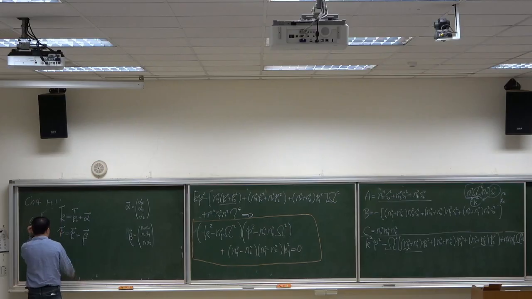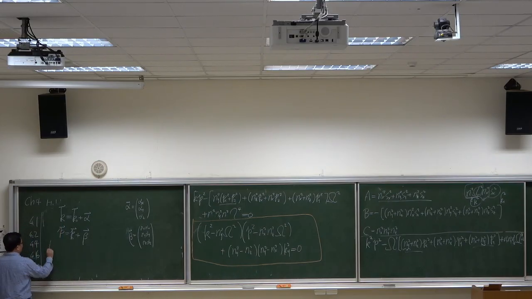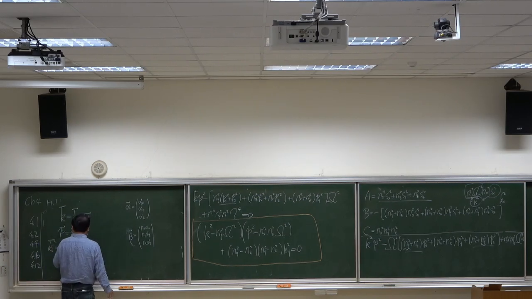So what is the square of K naught? K naught squared is nothing but ny squared times omega squared. Okay. And what is the square of P naught?